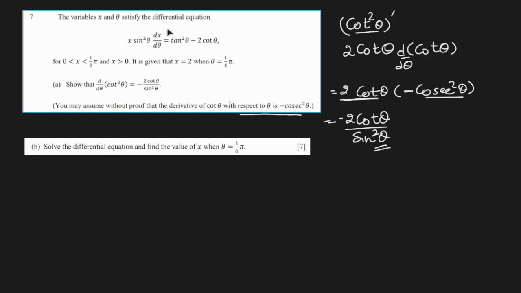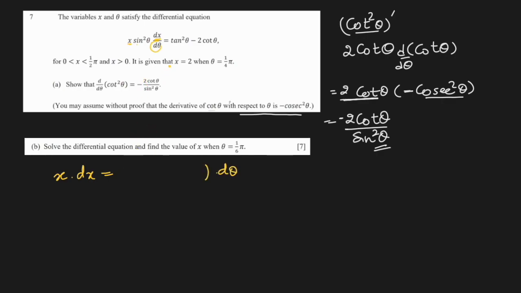First, we'll solve this differential equation. x and dx are together, so let's leave them here: x dx. Now this sine square theta will go to the other side and divide. And this d theta, which is the denominator here, becomes numerator, so let's make it numerator d theta here.